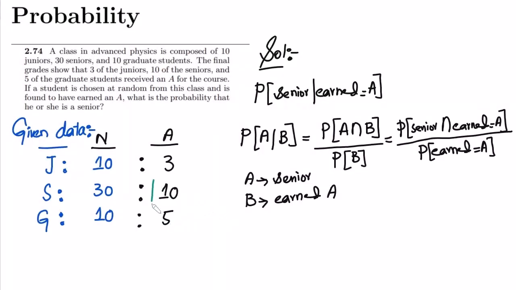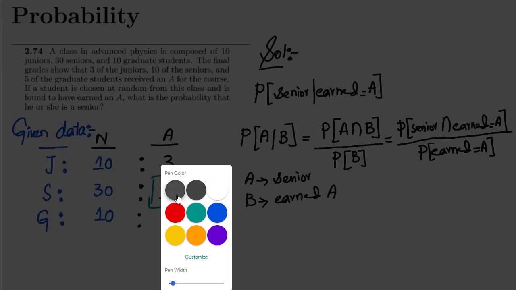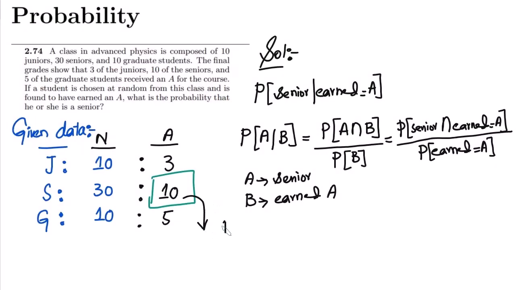We have 10 students who are seniors and attained an A grade, divided by the total number of students, which is 50. Do we know the probability of earning A? Yes, we have it as well, because here we can see that there are basically 3 plus 10, 13, plus 5, 18.